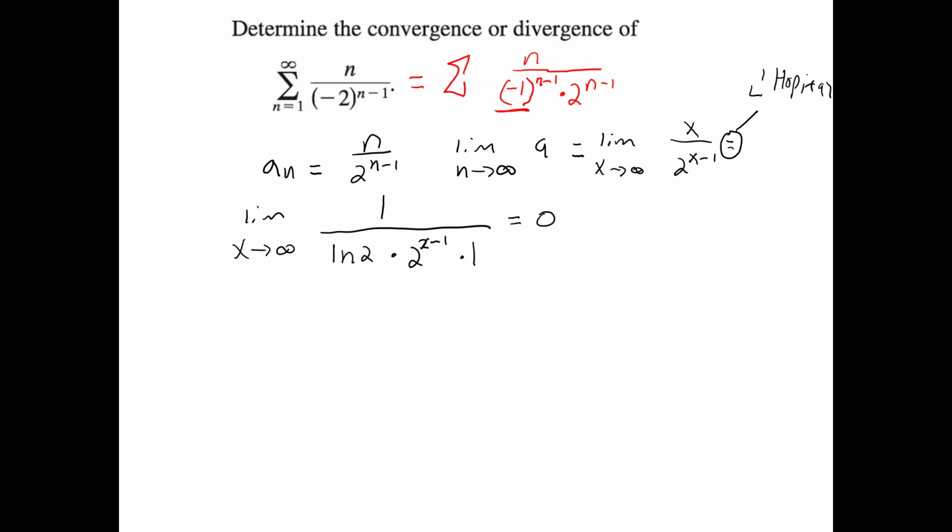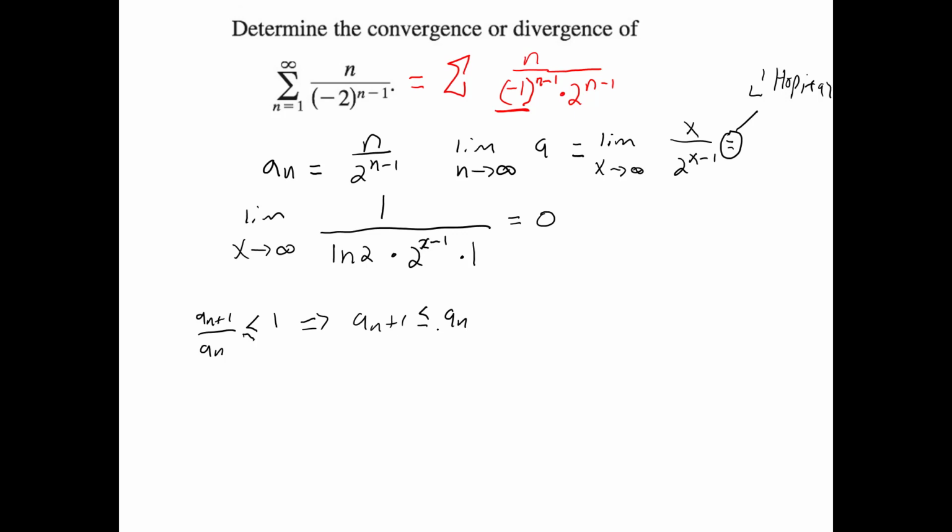So to do that, what we'll show is that a sub n plus 1 over a sub n is less than or equal to 1. Because if we can show that, then if we multiply both sides of this inequality by a sub n, we have that a sub n plus 1 will be less than or equal to a sub n. So that means any term is less than or equal to the term before it, and that means that it's decreasing, right? So that's what we get to.